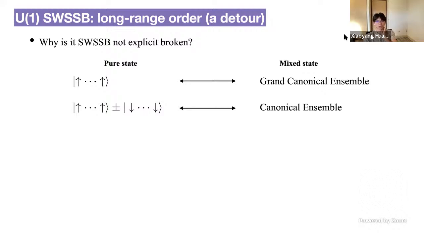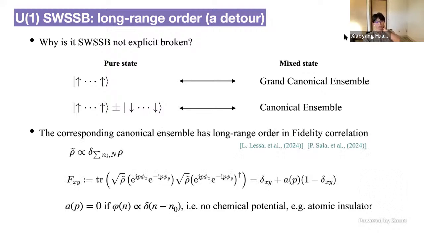But here it's a little bit special because you are talking about the double Hilbert space. So there is a new correlation function that can capture this effect, the so-called fidelity correlation, and it's defined in these two papers. What I'm going to briefly mention is that here rho tilde is the canonical ensemble that we can construct out of the grand canonical ensemble by picking the total charge to be some fixed number.